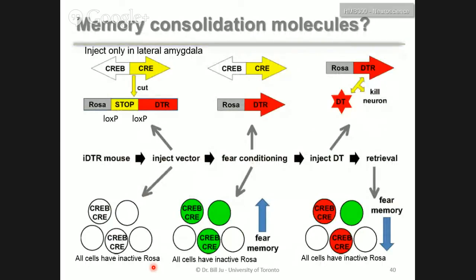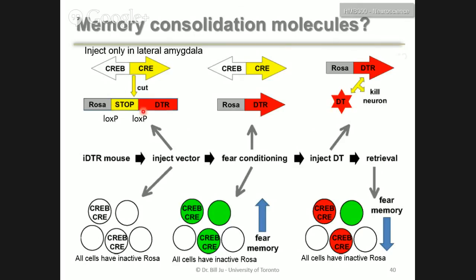So what happened in this particular paper that I showed you earlier on, they created this construct that contains CREB, which will be injected into the lateral amygdala. And in the lateral amygdala, when neurons are learning that a tone precedes a shock, CREB levels go up, that animal learns, and Arc goes up, everything is great in that particular group of neurons in the lateral amygdala.